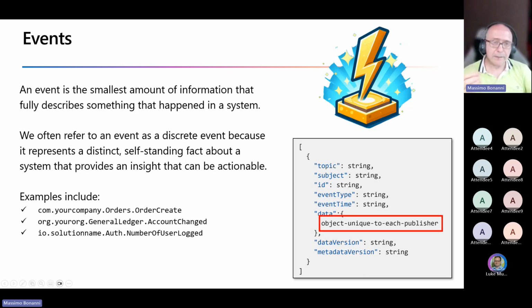You can imagine that the event you have when you create a blob is completely different from the event you have when someone creates a secret in a Key Vault, or when someone stops a website. From the data perspective, it is completely different, but every event has the same schema.